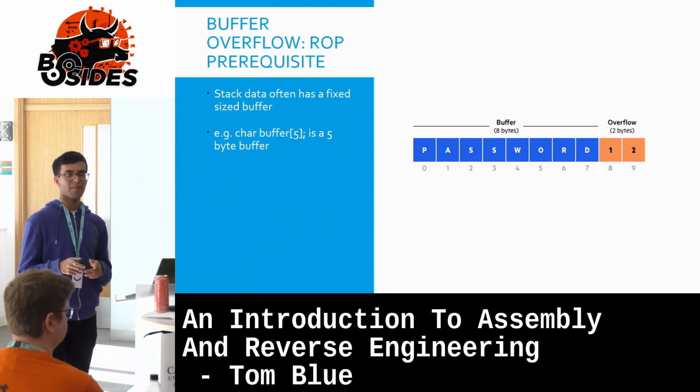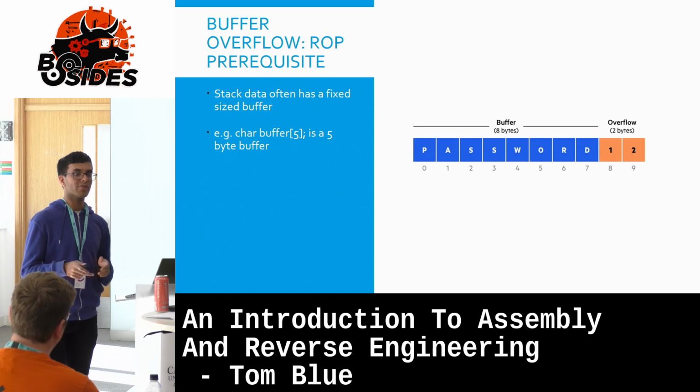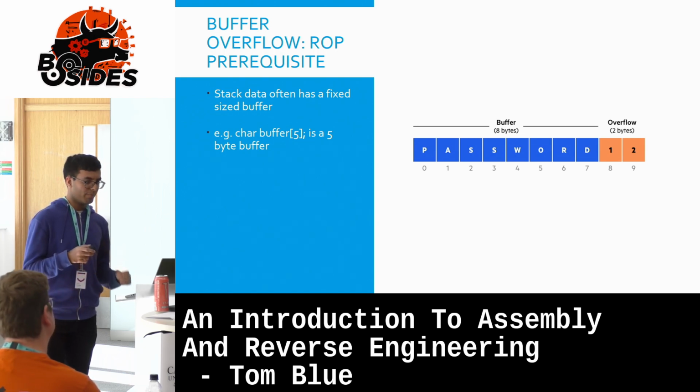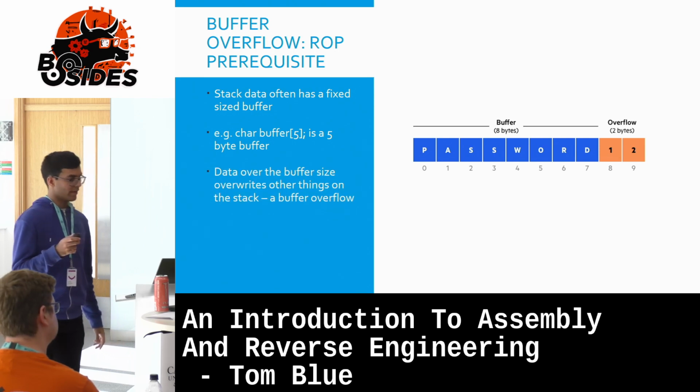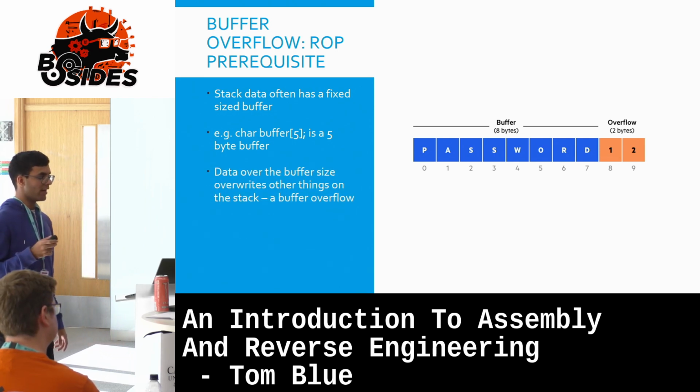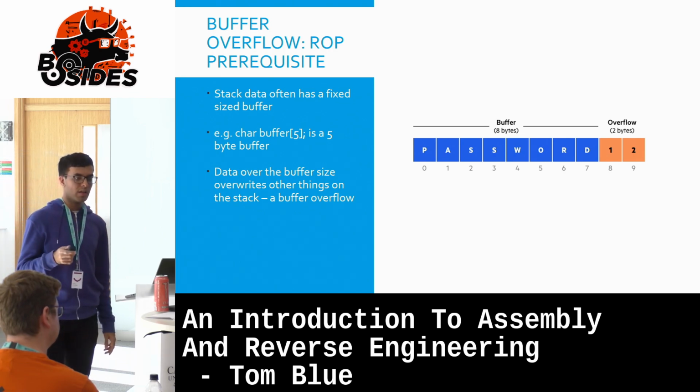So if you, for example, had a char buffer and then an integer, you would be able to change the value of the integer by writing into the char buffer, depending on where it lies on the stack. So data over the buffer size will overwrite other things on the stack, which is a buffer overflow.